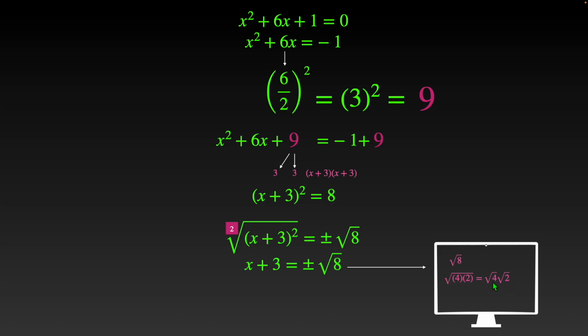We know that square root of 4 equals 2. So instead of square root of 4, we're going to write 2 times radical 2. That means square root of 8 simplifies to 2 radical 2. So now we'll replace radical 8 with 2 radical 2 in our next step.